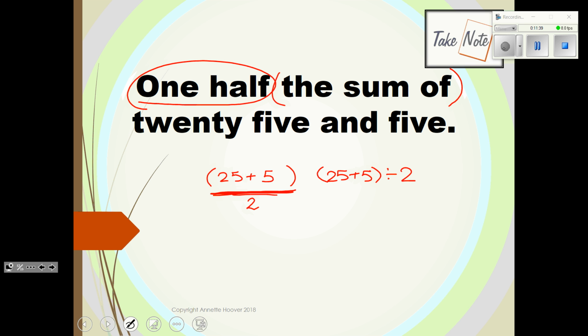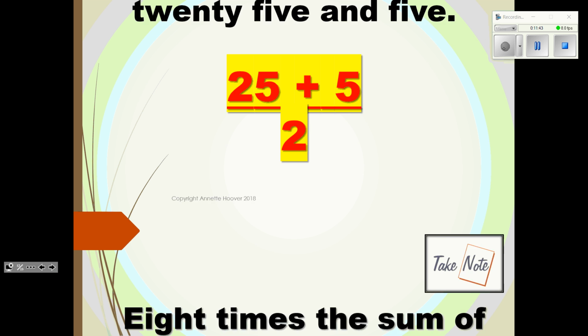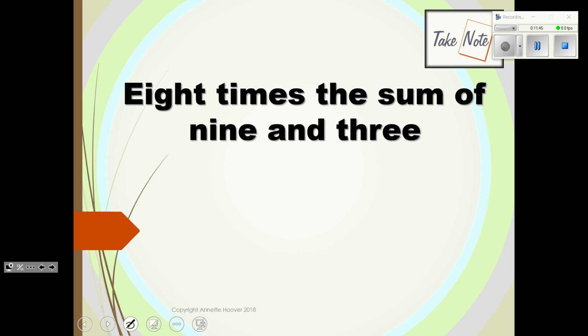But you'll have to put the divided by 2 at the end. 8 times, well that's pretty obvious, 8 times, or we can leave the dot out, the sum of, remember that tells us immediately that we're going to put a parentheses, and we're going to add what numbers together? 9 and 3. So you can write it with or without the dot, which means to multiply.